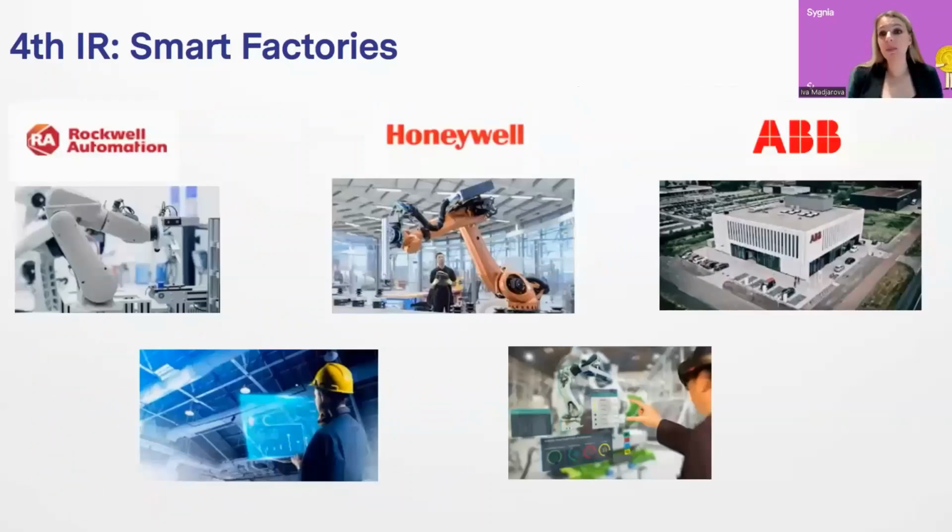And some of the companies that you can expect to see in the subsector are companies such as Rockwell Automation, Honeywell, and ABB. And these are the companies that can provide these solutions. They can provide this machinery or these sensors or the software for companies to be able to turn more of a traditional factory and slowly transition them into a smart factory.